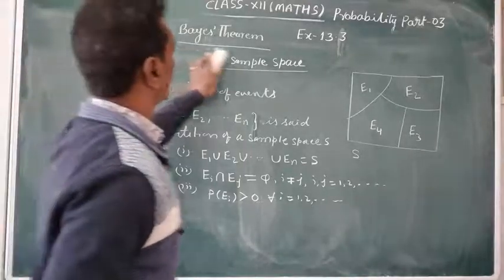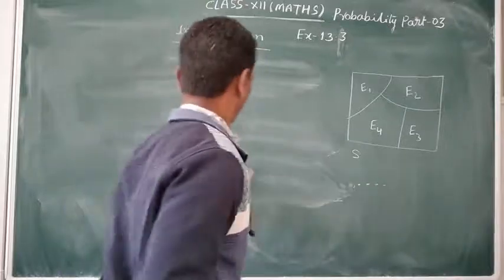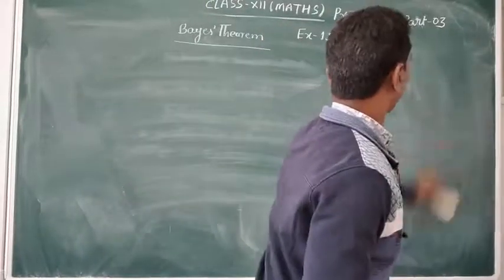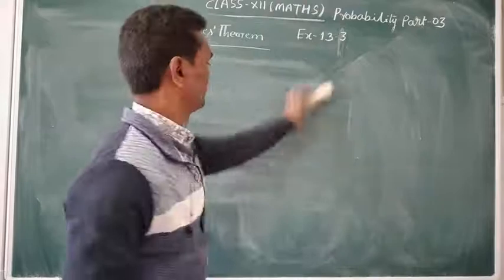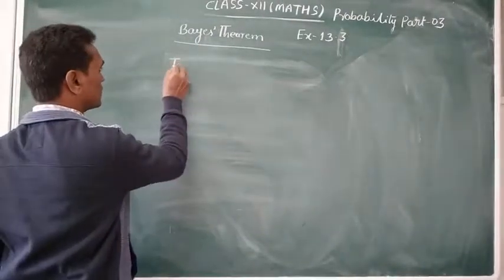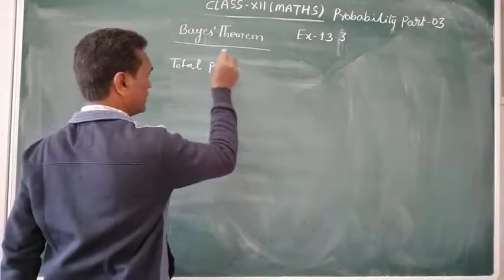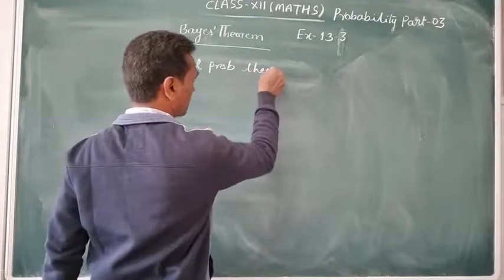Now the second term, or second formula we can say, is the total probability theorem. These are the parts of Bayes theorem.